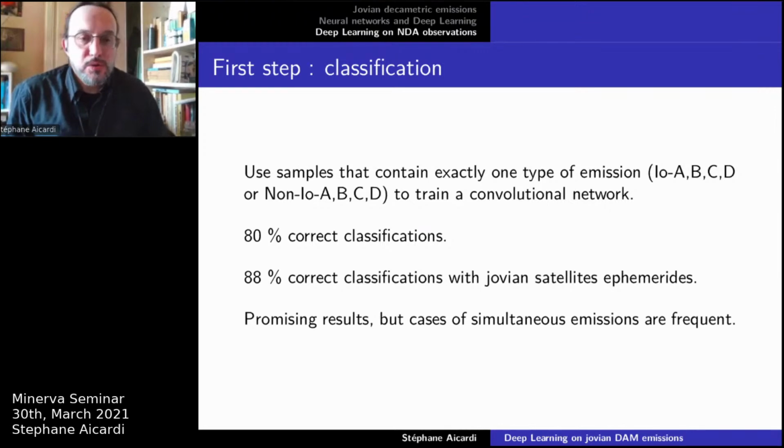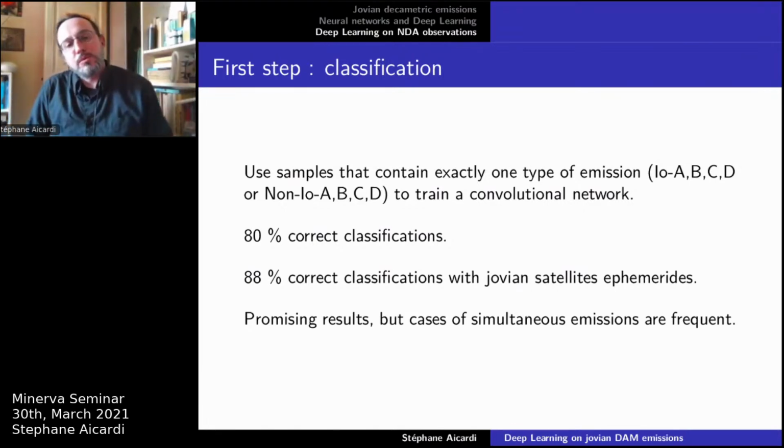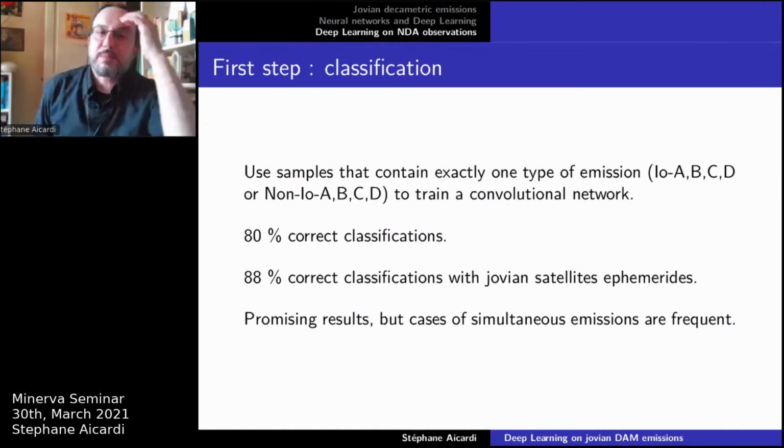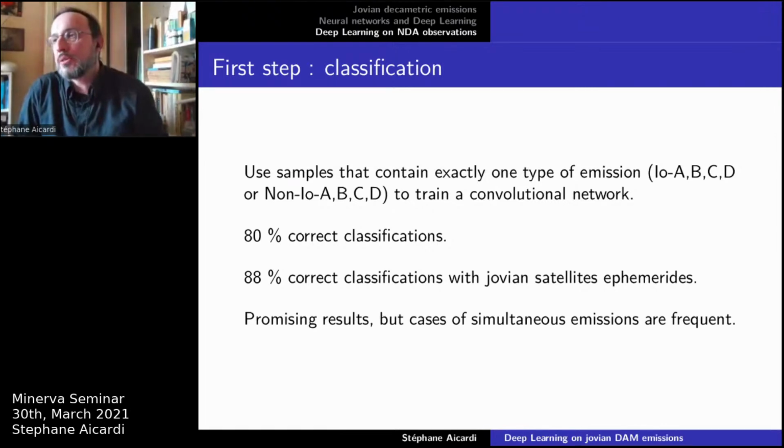If I use as input the jovian satellites ephemerides, then I grow to 88% of correct classifications. That's because in the first classification, I saw that lots of non-IO was mistaken for IO emissions and vice versa.